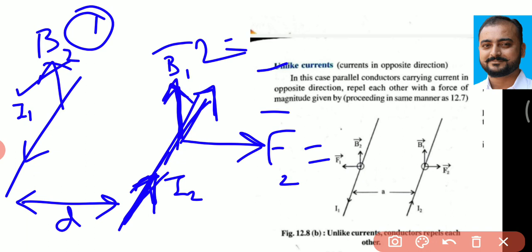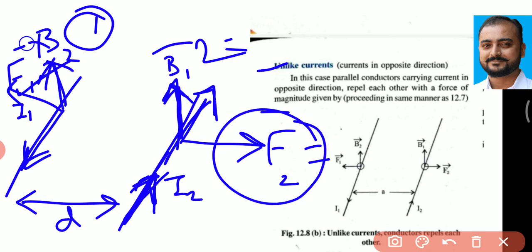This is the force experienced, that is F1. So what you observe, F1 and F2 are moving away from each other.